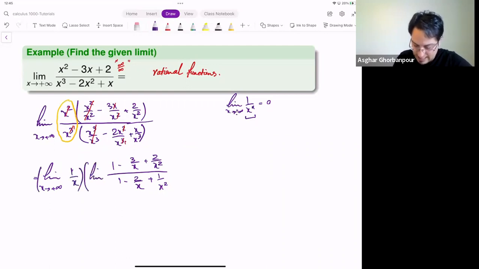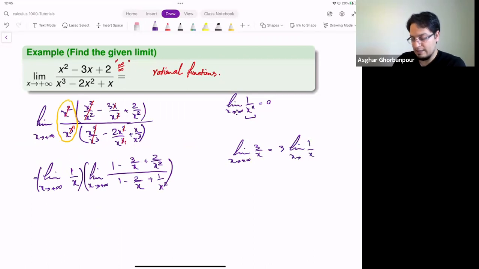Since I can now compute the limit of both of these, I can use limit laws here and separate this one. Find the limit of the first one, find the limit of the second one, multiply at the end. When you apply limit laws, you see that 3 over x is nothing but 3 times the limit of 1 over x. One of the limit laws gives me this, and this part is 0, 3 times 0 is 0.